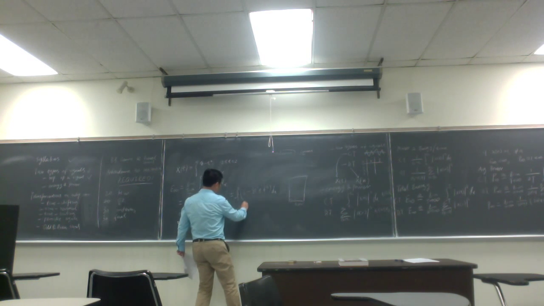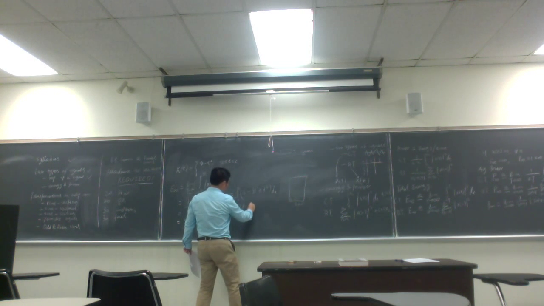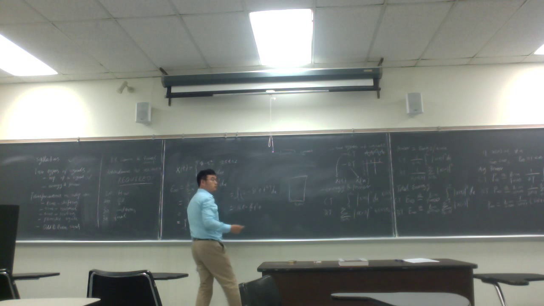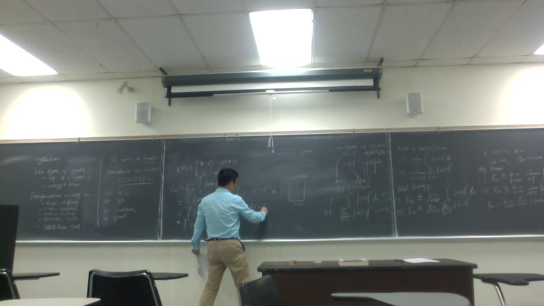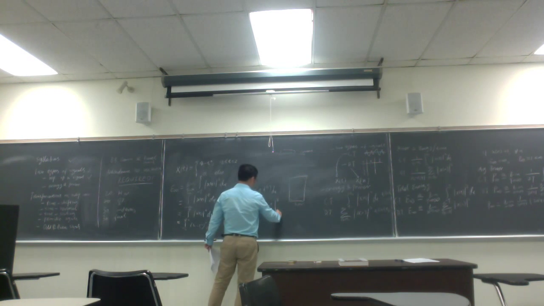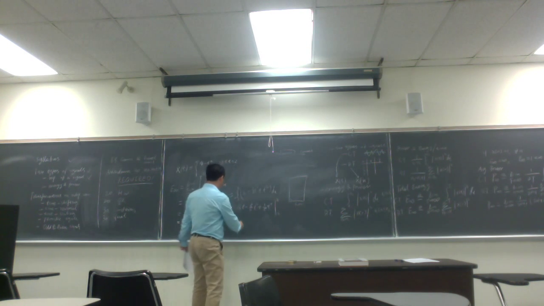So it's 16t minus 8 over 3 t cubed plus 1/5 t to the 5. Then you evaluate at 2 and minus 2, use this one minus this one, and you get the answer.